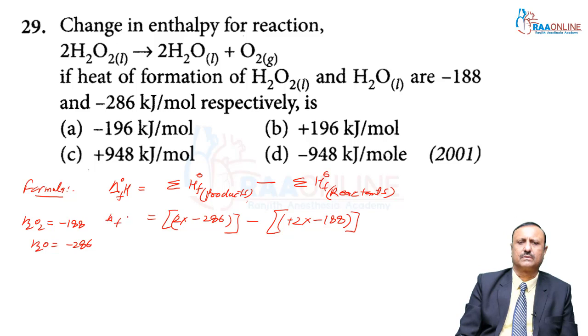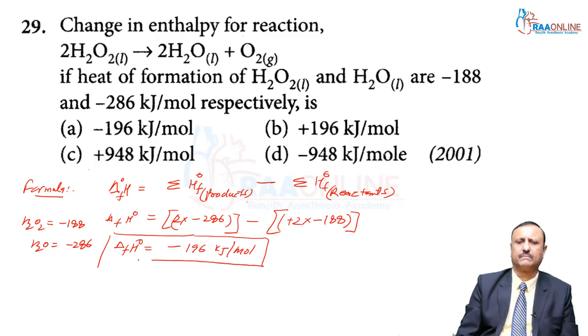So, my dear students, you multiply 286 into 2 and minus 188 into 2, change the sign, and you can get minus 196 kilojoule per mole. So, your answer is A. Question number 29, you get the answer A.